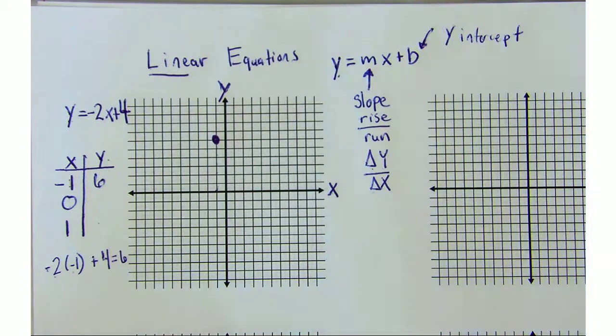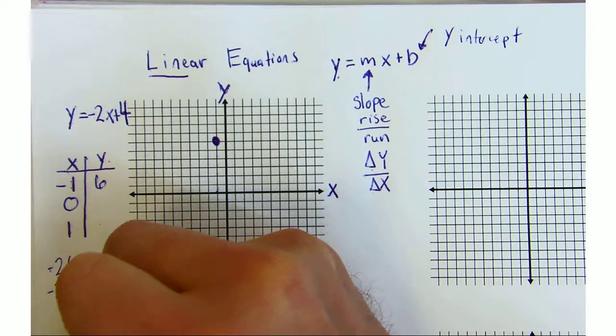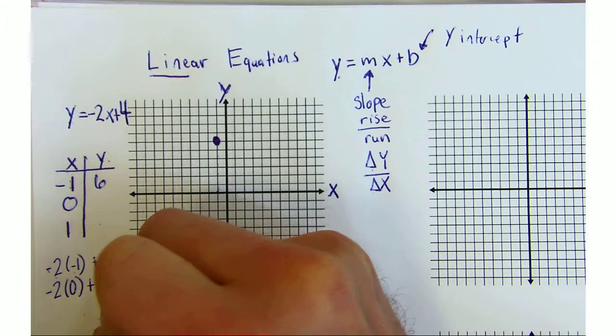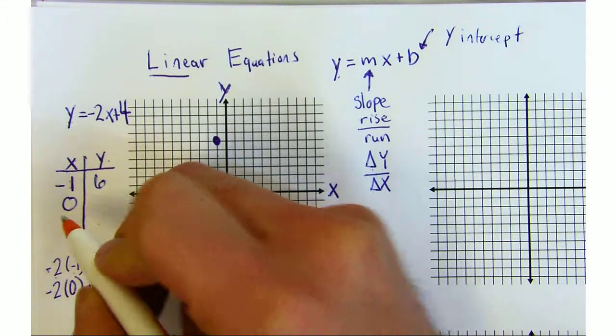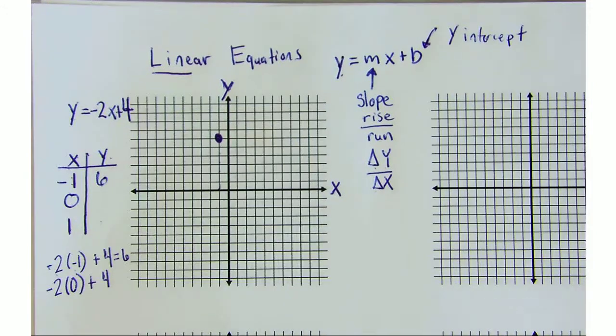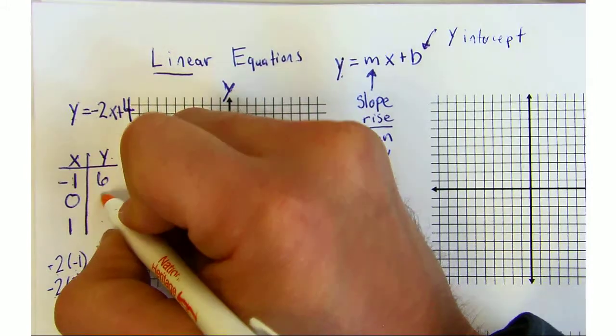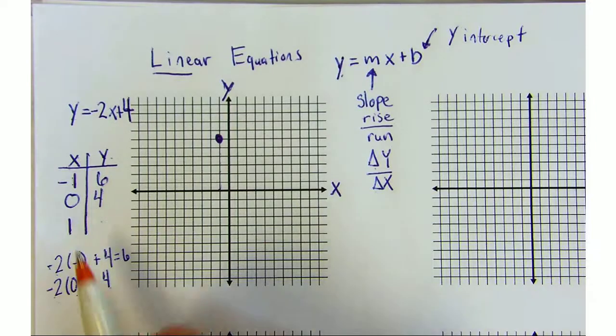Then I'm going to plug 0 in. It's almost like a recipe: you're plugging in the ingredients, and you have to follow the directions for the cookies to come out right. So -2 times 0 is 0, plus 4 is 4. The second point on my line is (0, 4).